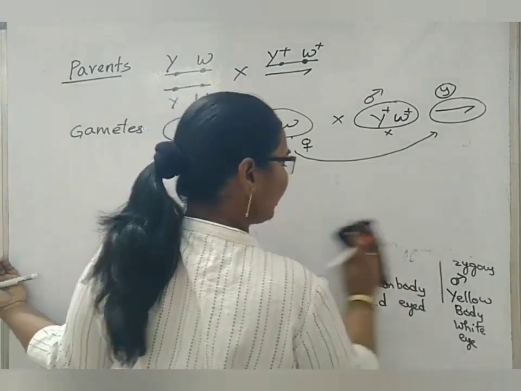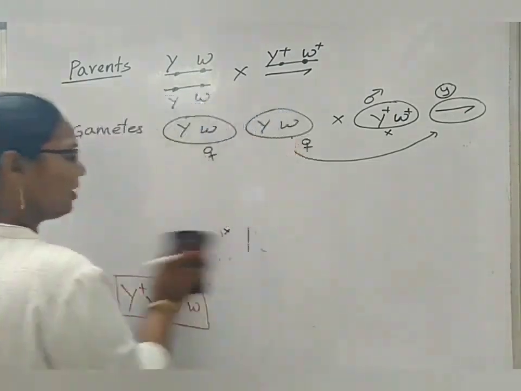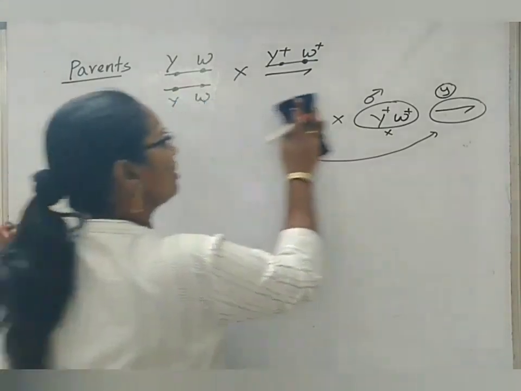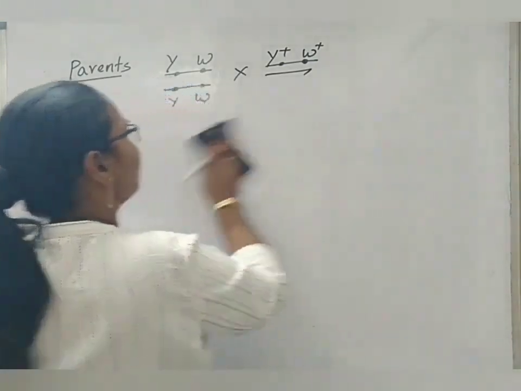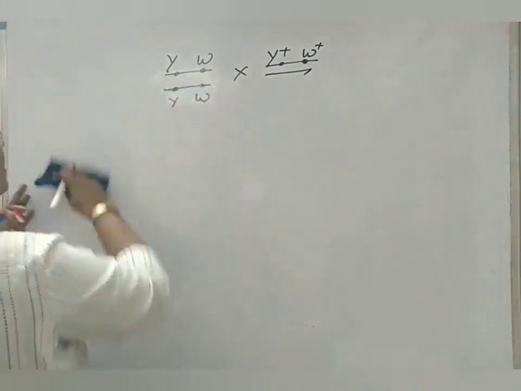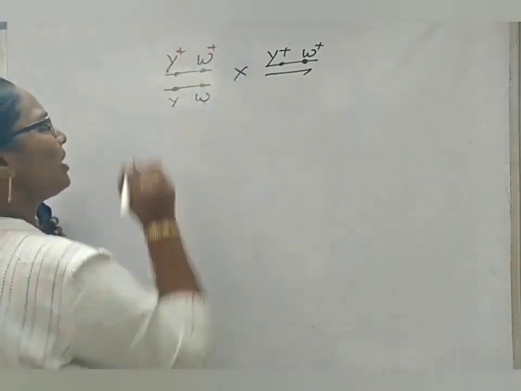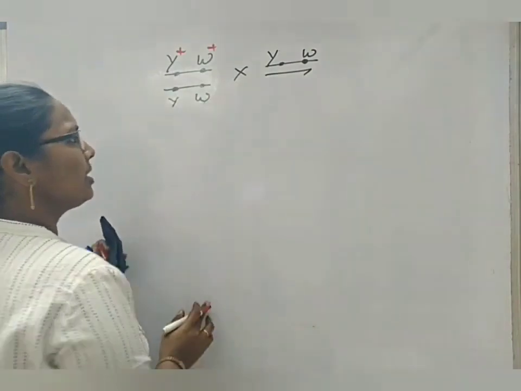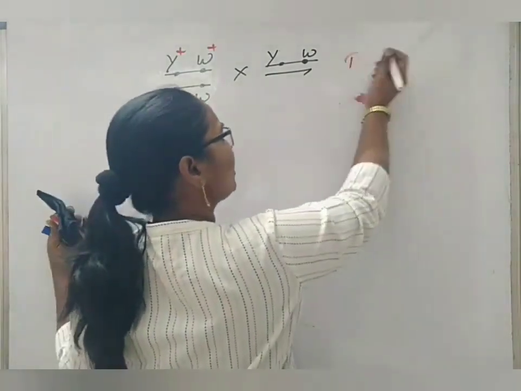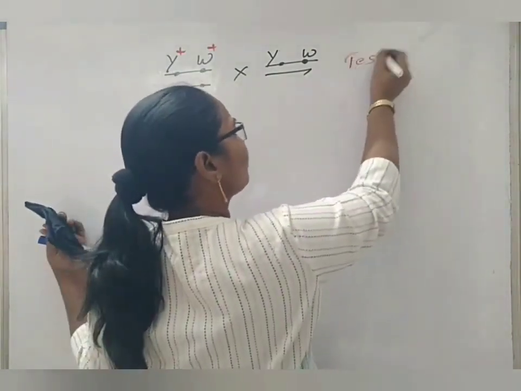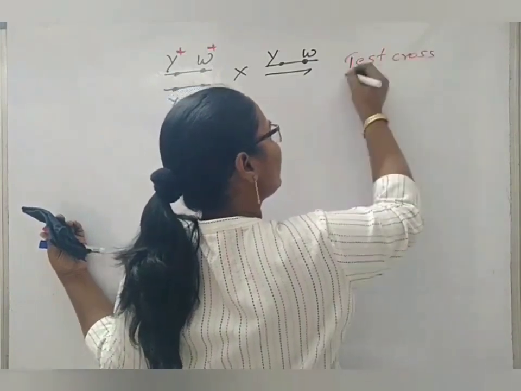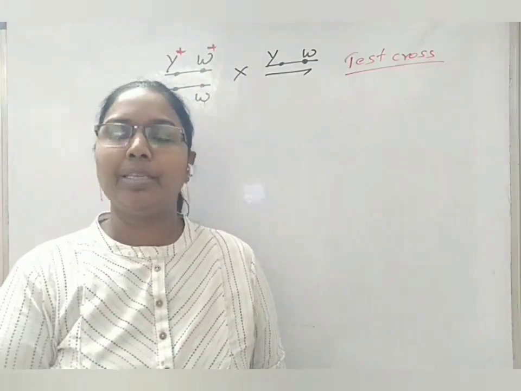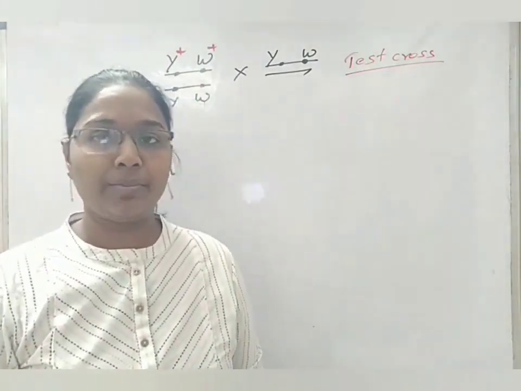We got only two types of offsprings from the F1 generation. So the heterozygous arrangement is like this. When such a cross is done, we call it a test cross. So what is meant by test cross? Any unknown genotype is crossed with a purely recessive type of alleles.